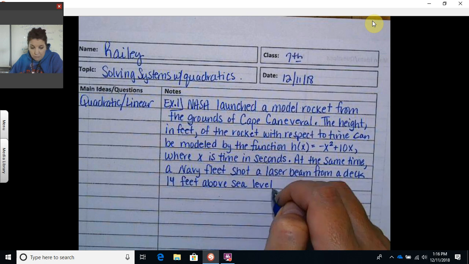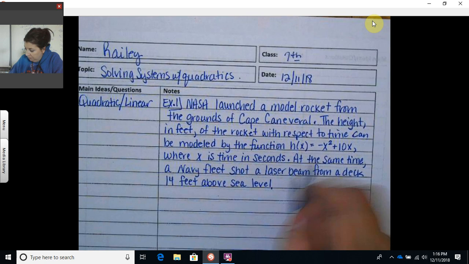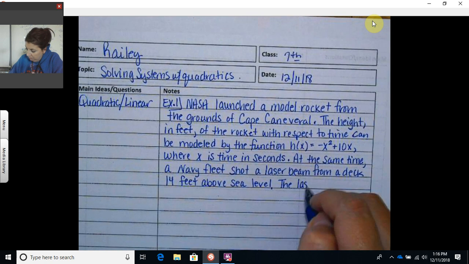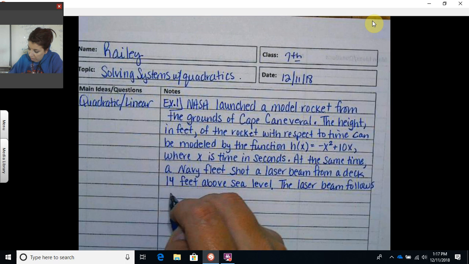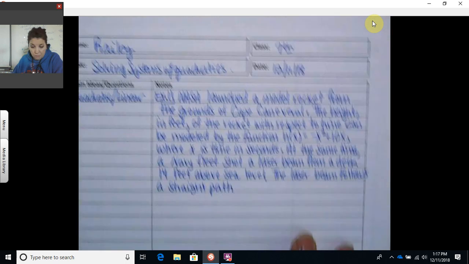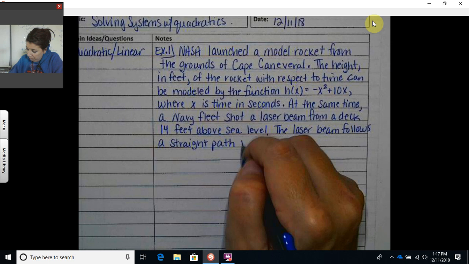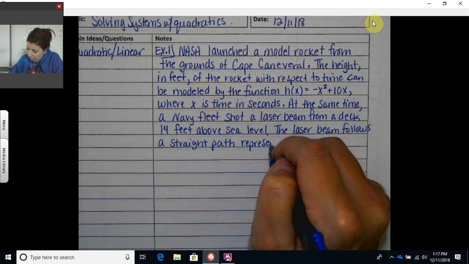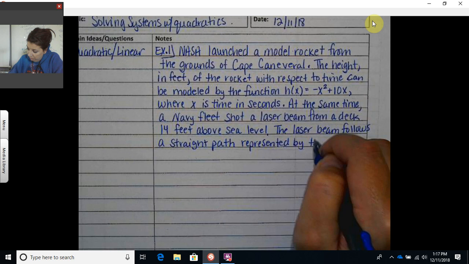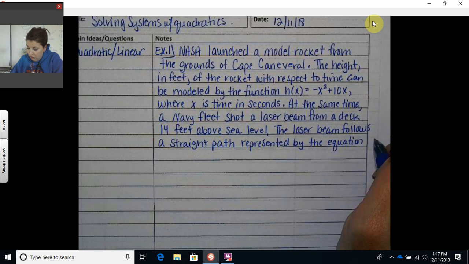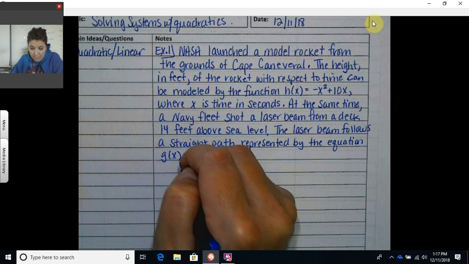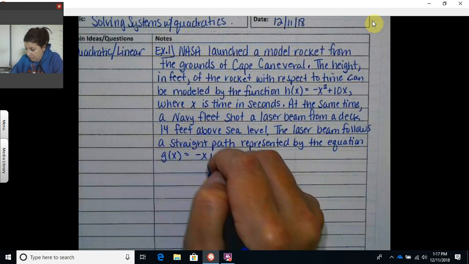The laser beam follows a straight path represented by the equation g of x equals negative x plus 14.